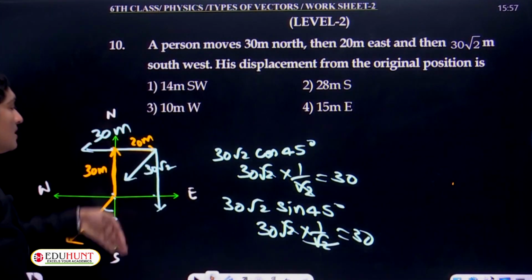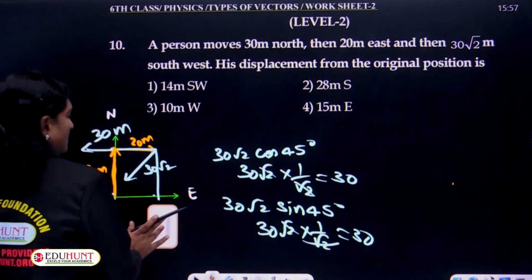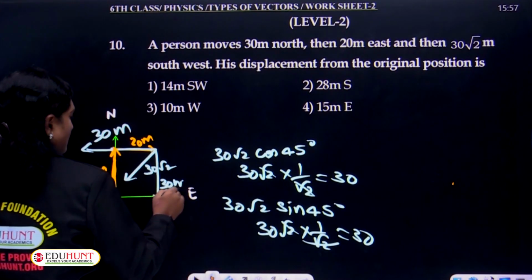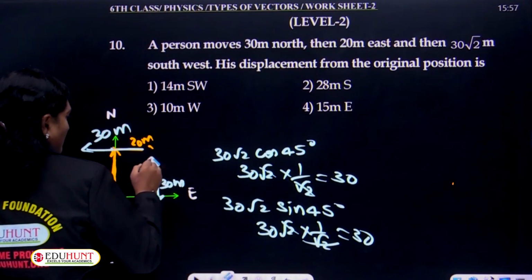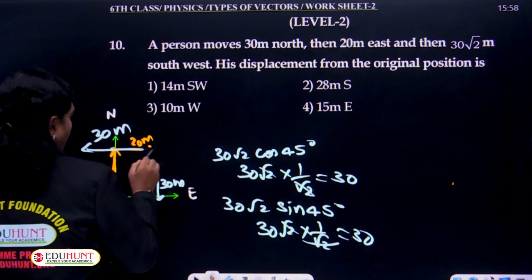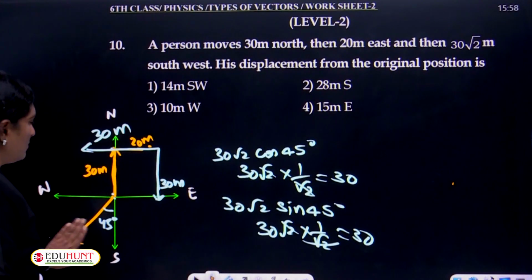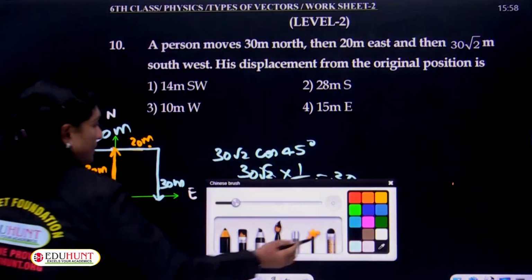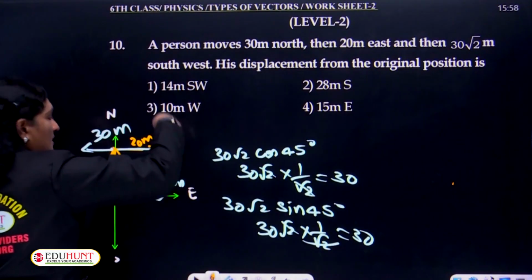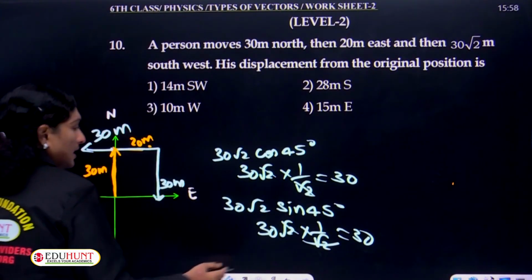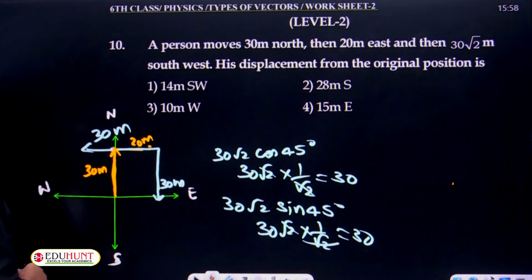So he covers horizontal 30 meters and vertical also 30 meters. Let me remove this for more clarity. If it was given that he moves 30 √2 in the southwest direction, then it implies that he moves 30 meters towards the south and 30 meters towards the west.